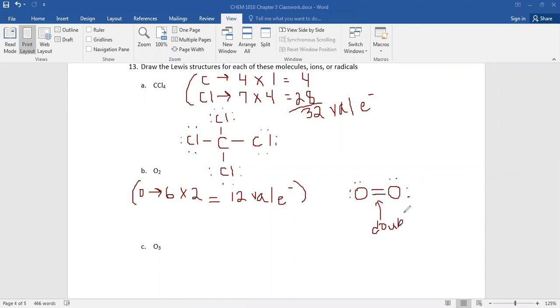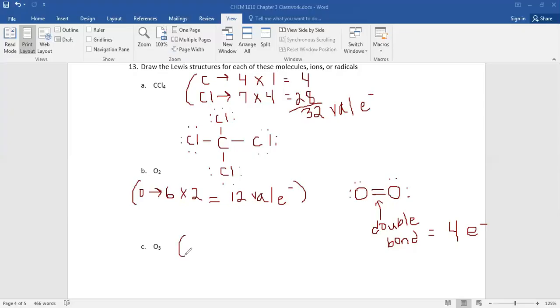That double bond represents 4 electrons. Remember, a single bond represents 2 electrons. A double bond, therefore, will be equal to 4 electrons. So now I've got 2, 4, 6, 8, 10, 12. And each oxygen's octet rule is satisfied because each oxygen is surrounded by 2, 4, 6, 8 electrons.